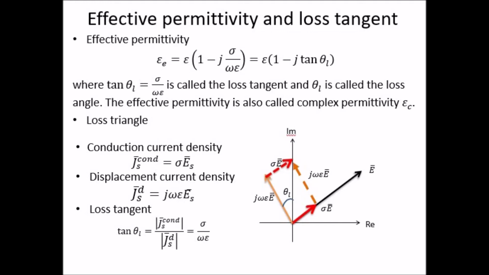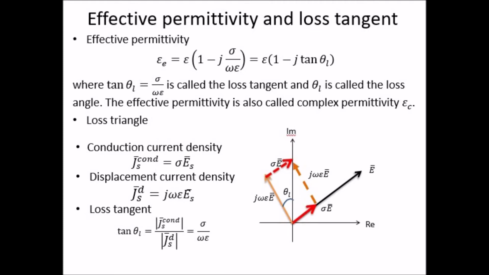So the loss tangent can also be defined as the ratio of the magnitude of the frequency domain conduction current density and the magnitude of the frequency domain displacement current density, which is also a function of the medium's conductivity, permittivity, and the wave frequency.